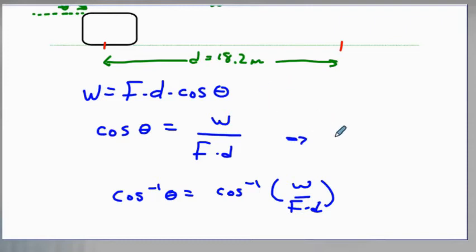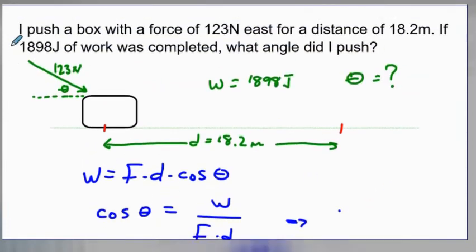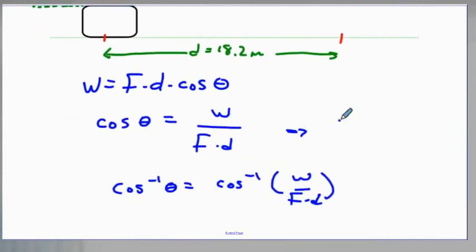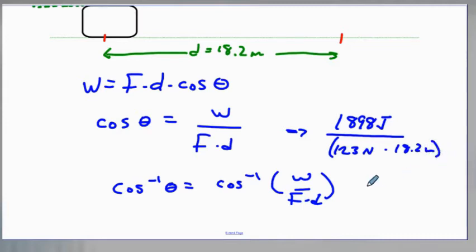So I'm going to take my work, which was 1898 joules. Double check that, 1898 joules. Divide that by 123 newtons multiplied by 18.2 meters.